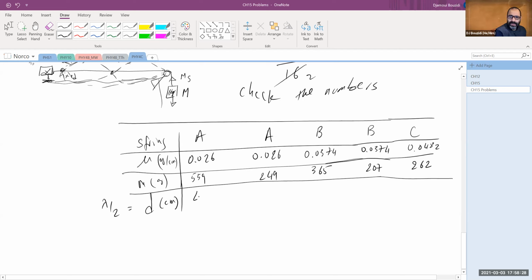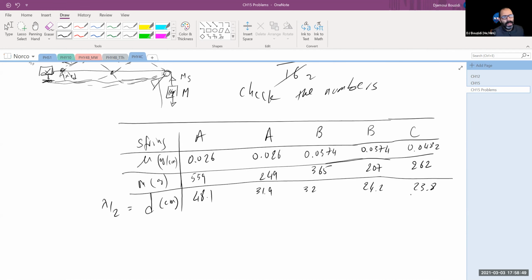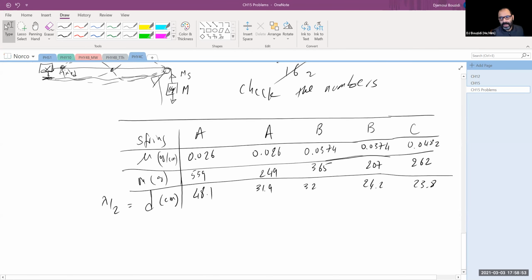So this is 48.1 centimeters. This is 31.9 centimeters. This is 32 centimeters. And this is 24.2 centimeters. And finally, this is 23.8 centimeters. So this is lambda over 2. That means lambda itself is twice all of these numbers, because that's the distance D that is given to me in this problem.